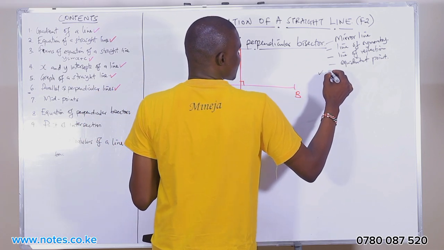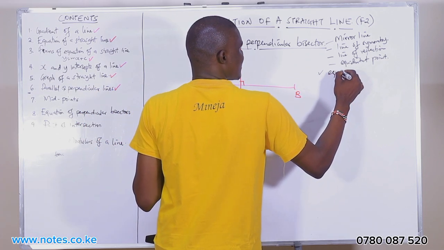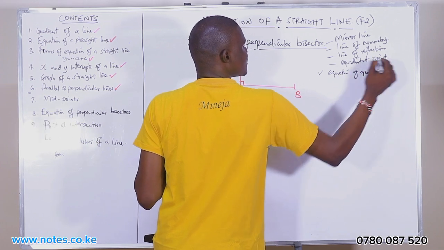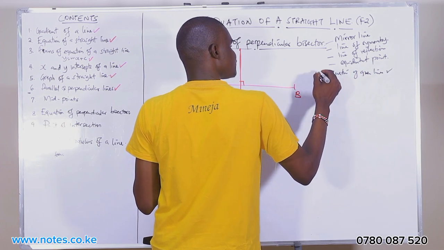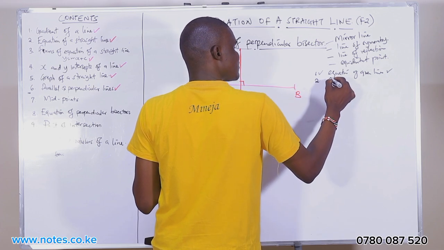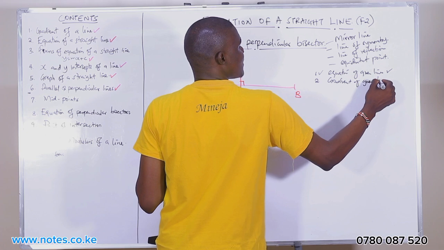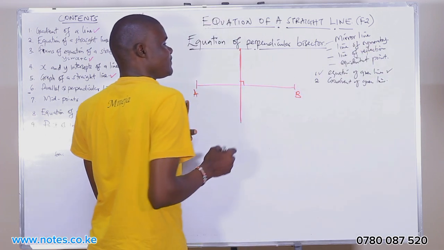Get the equation of the given line, number one. Then number two, you get the gradient of the given line.